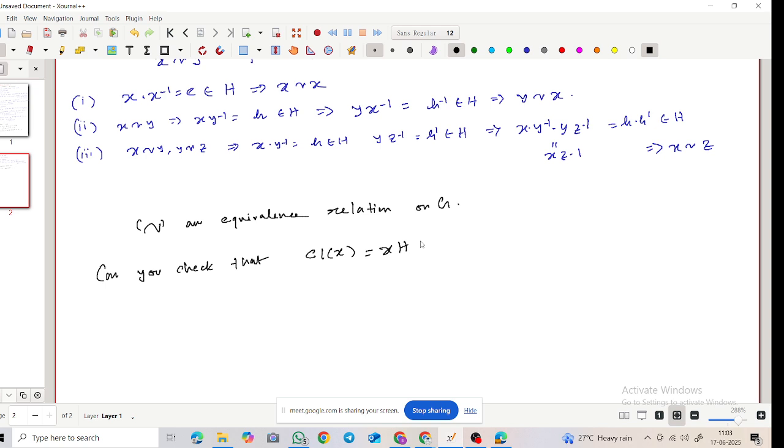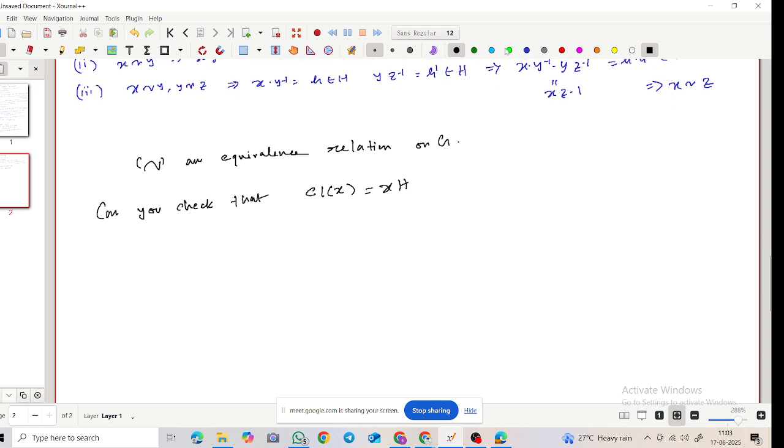Is it true? Suppose y belongs to the class of x.